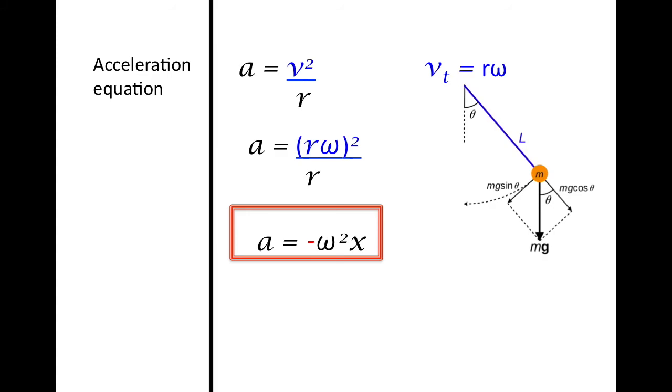Because we know that acceleration goes in the opposite direction to that of the displacement, we give the value a negative sign, which is shown here. One thing to note is that x is the amplitude and replaces r in the equation from centripetal acceleration.